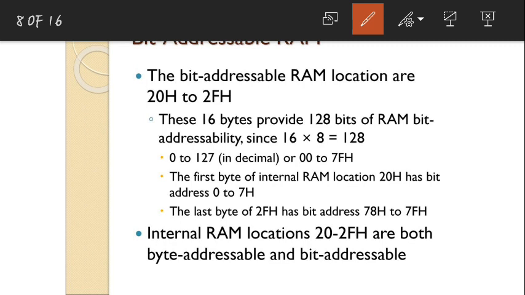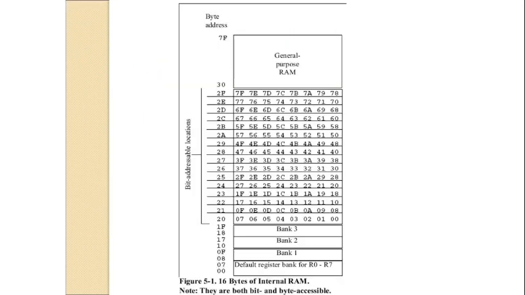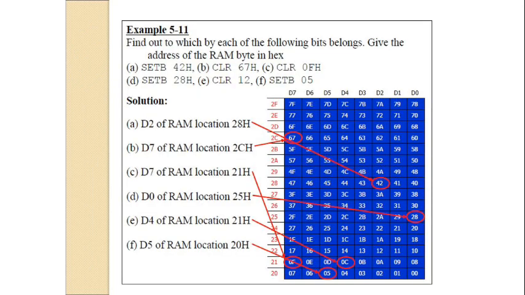So in between he mentioned everything clearly in this slide. 2F has 78 to 7F. Okay, so this is about bit addressable.